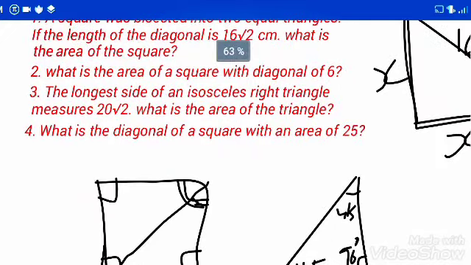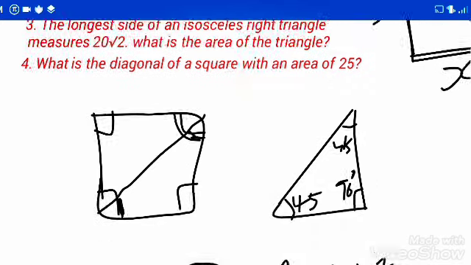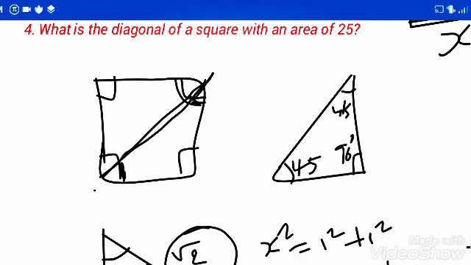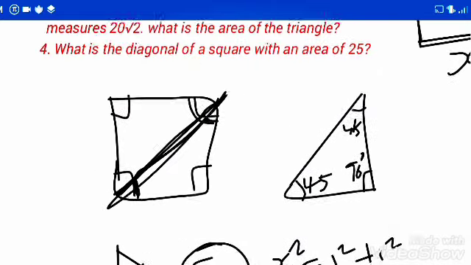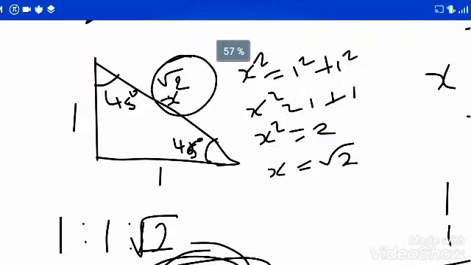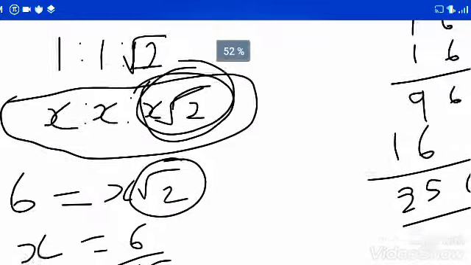Now for the third question, we have the longest side of an isosceles right triangle measures 20 root 2. What is the area of the triangle? Like we noted earlier, the longest side is the diagonal, and that is x root 2. So x root 2 here is 20 root 2.